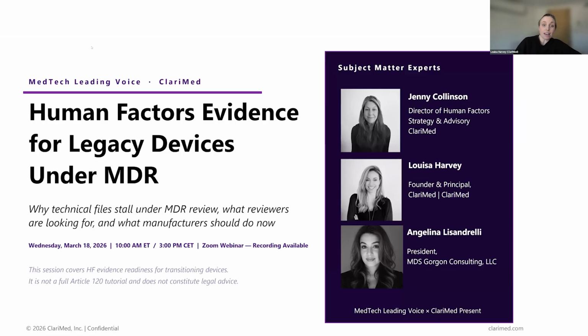Sometimes also referred to human factors as HF, which is also usability as well, sort of combined under the same umbrella. If you see anything regarding NB, that's notified body, and the very confusing phrase UOP, which is user interface of unknown provenance, which I know Jenny will go into more detail in that particular area to explain exactly what that means.